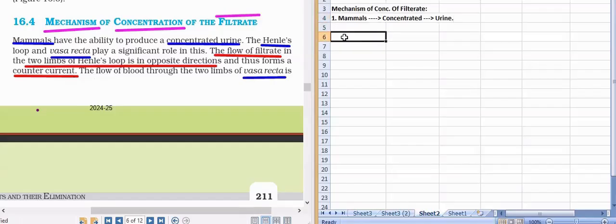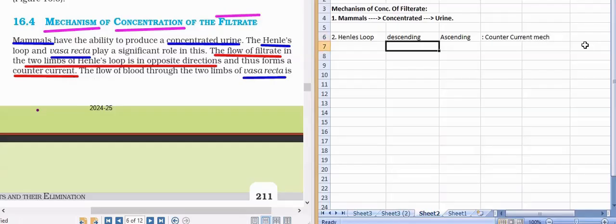Second point is Henle's loop. First of all we should discuss Henle's loop. It has one descending limb and one ascending limb, so because of these two, it is showing the counter current mechanism.